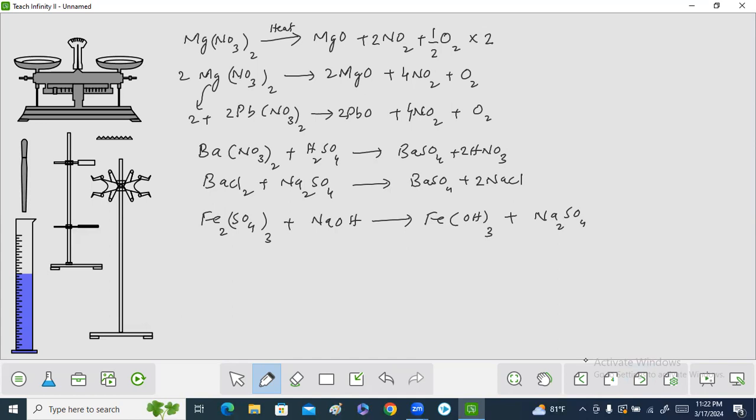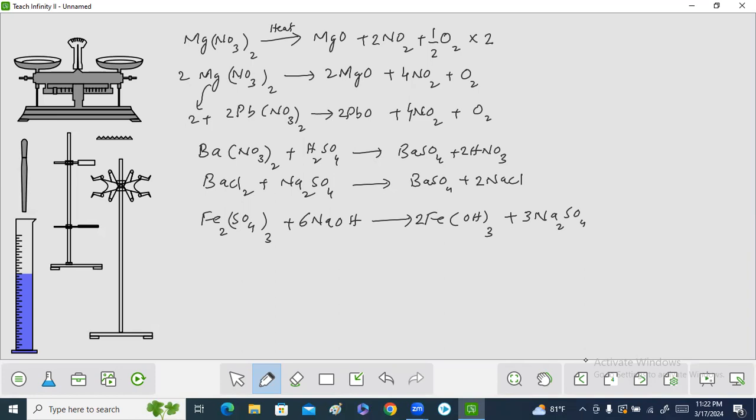So this equation can be balanced: iron is 2, so we put 2 here. Now sulfur is 3, so we can put 3 here. Now the sodium atoms have changed. There are 6 sodium atoms on the right-hand side, so we can put 6 here. So these are the coefficients.